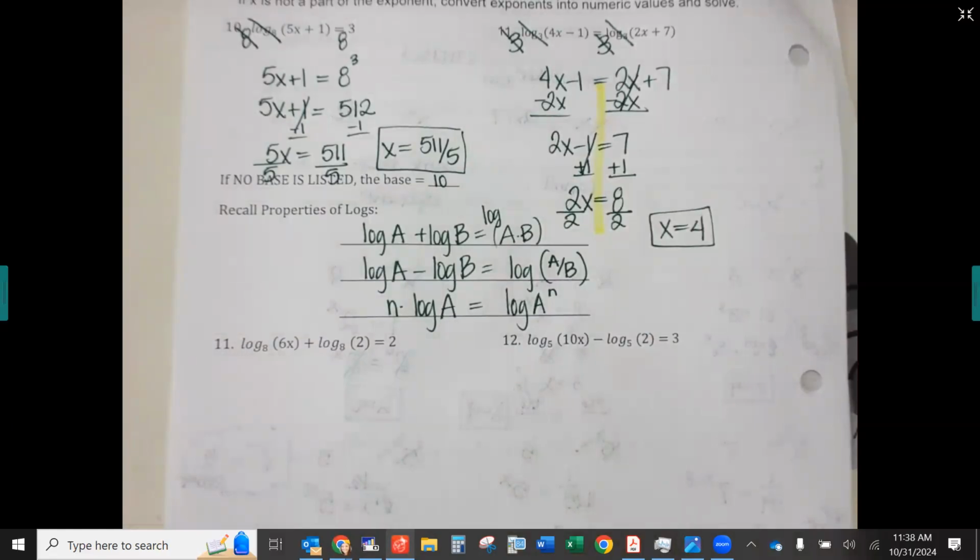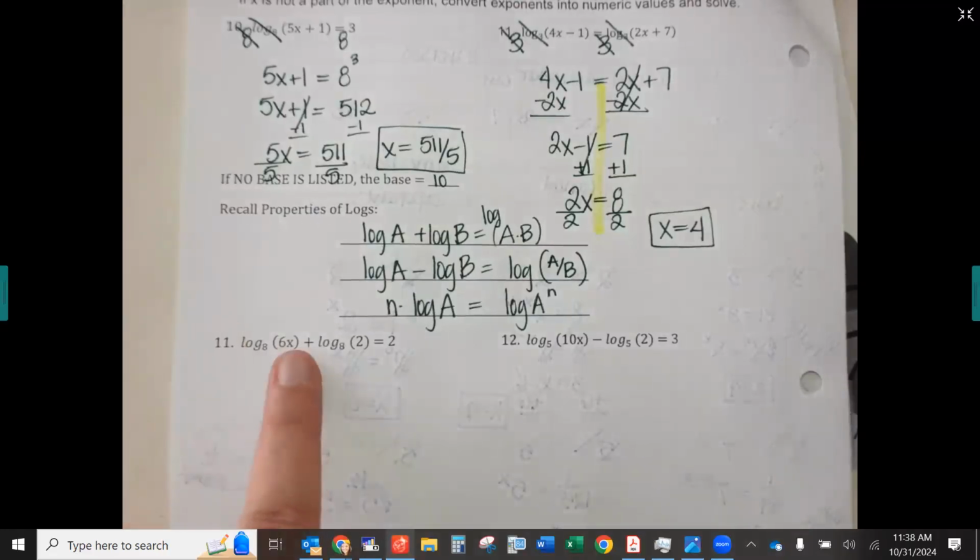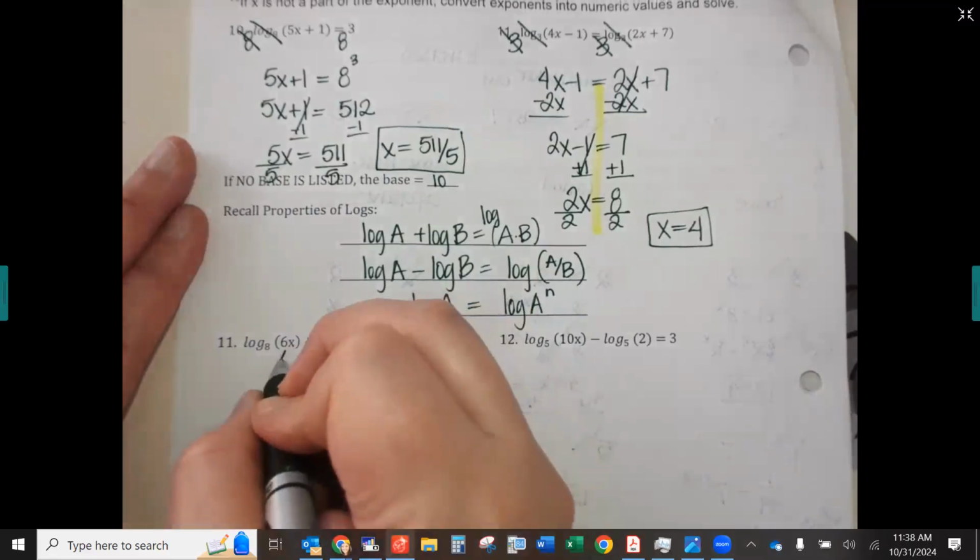Okay, so take a look at number 11 for me. First question, I see multiple logs. So you can't do the log little trick and just do a big 8 on both sides if there's multiple. How can I take those 2 logs and put them into 1 if they're currently plus in the middle? I'm gonna multiply, very good.